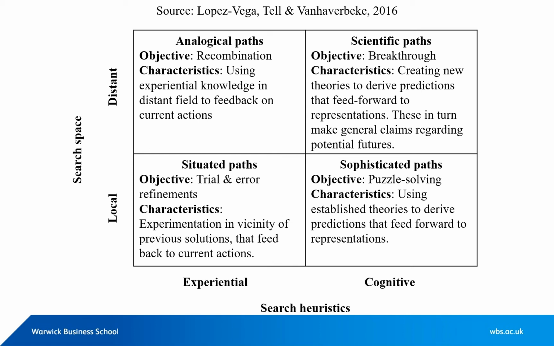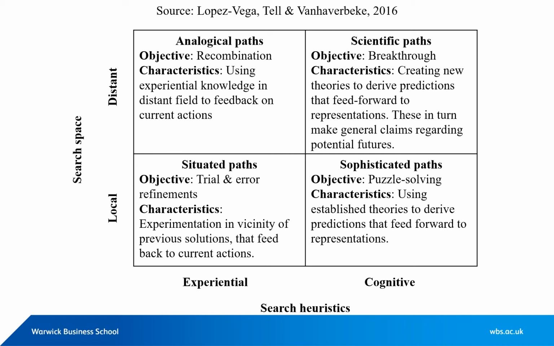So it creates new theory using which it can derive predictions that feed forward to its understanding and multiple applications. This way, the firm produces breakthrough products and potentially creates new industries.